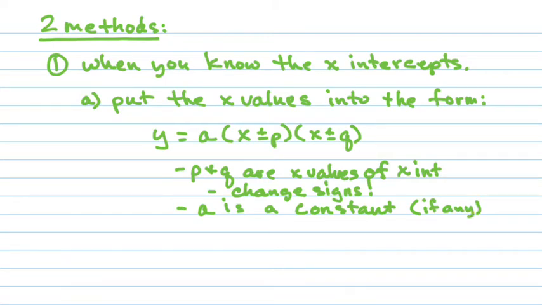There's always a constant, there's always a number in front. But if you don't see it, you assume it to be a 1. And many, many times when you're graphing these, a is going to be 1.